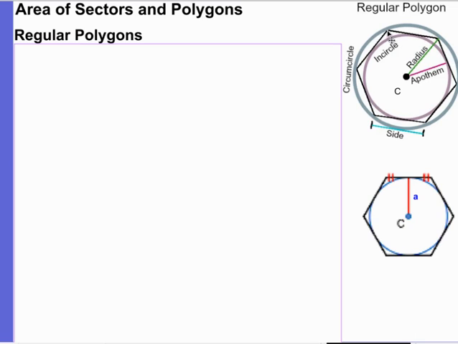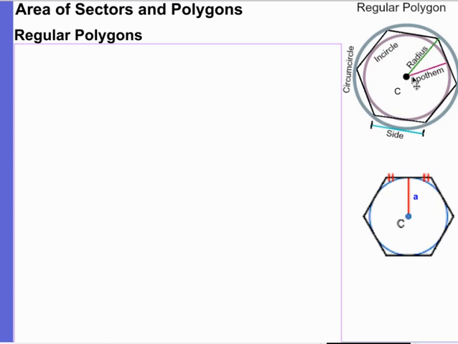Notice that the vertices of the polygon fall on the circumference of the circumcircle. I know it starts to become a little bit of a tongue twister. The incircle is inside of the polygon, and all the sides are tangential to the circle.